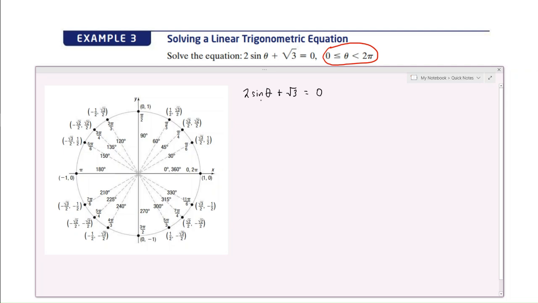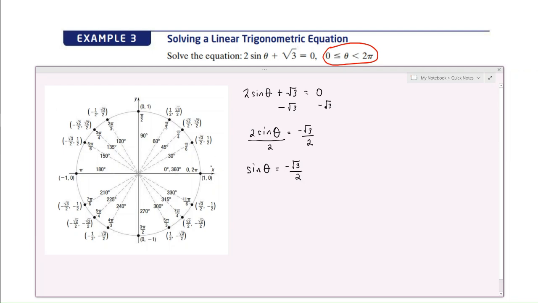We want to isolate this sine theta so we can determine the angle that makes that particular sine. So we have 2 sine theta equals negative square root of 3, and of course we'll divide both sides by 2. So we know that the sine of theta equals negative square root of 3 over 2.